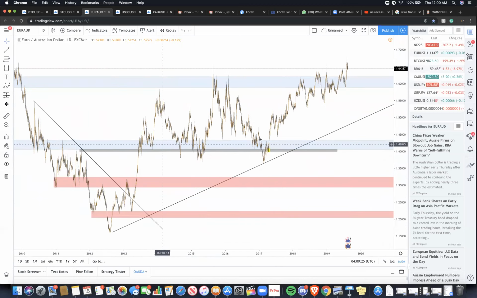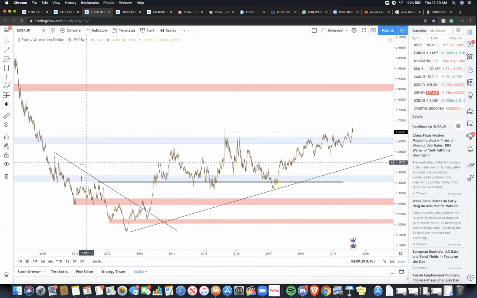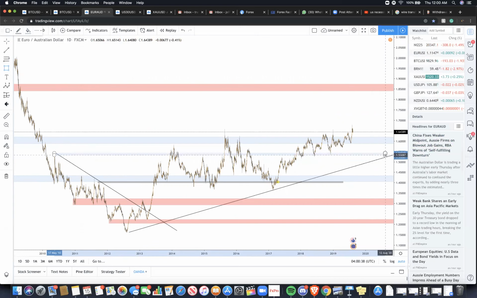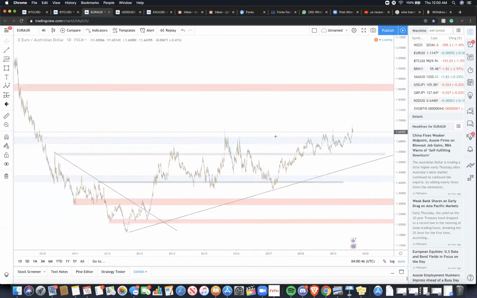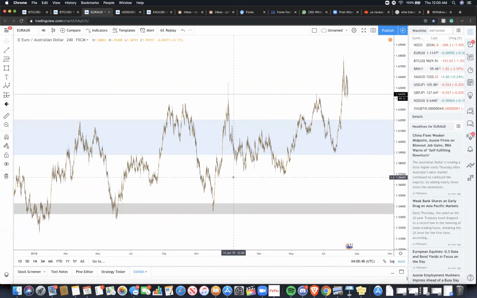So from here, moving forward, the market's been going up. It broke past the support here and kept going up. Now let's look at the 4-hour time frame, identifying what we want to see, right?